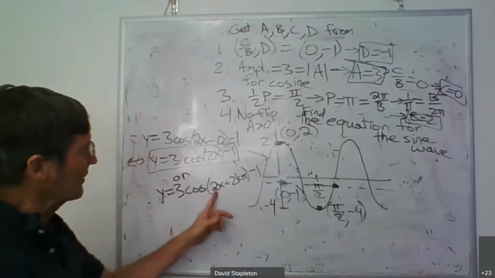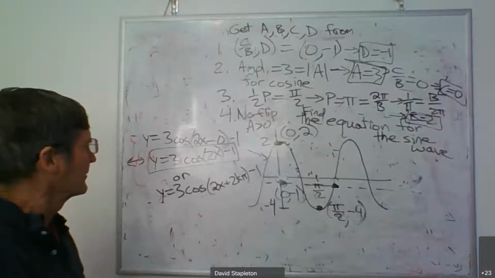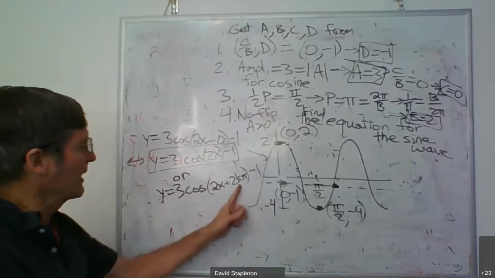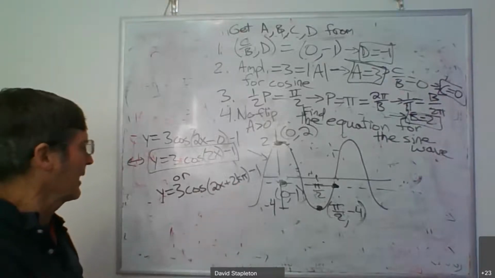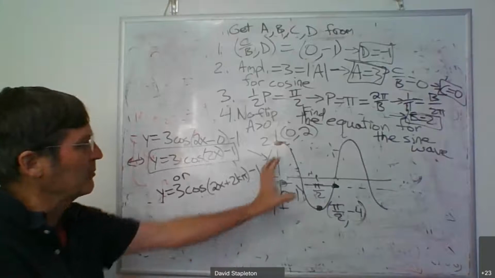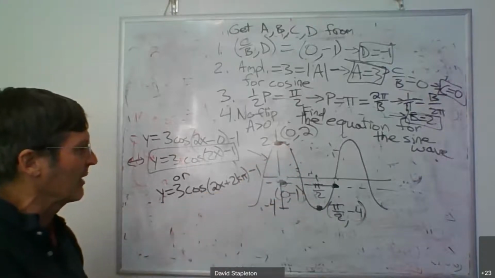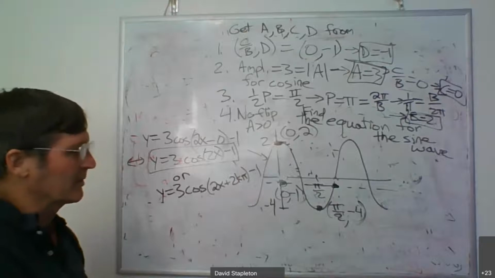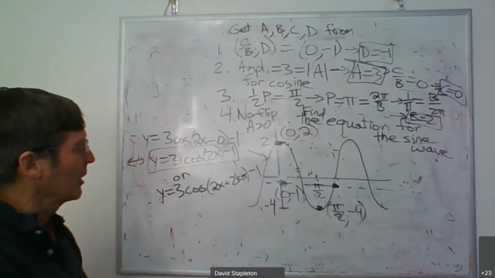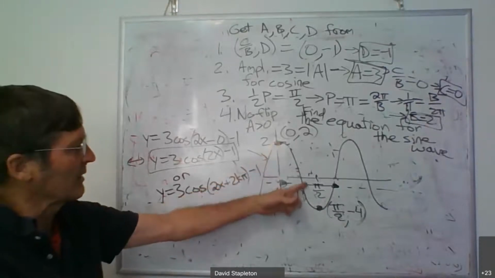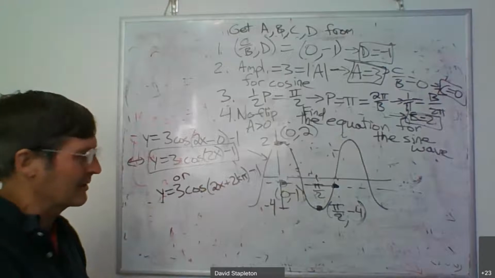This will have the same graph because cosine always repeats. Well, any answer of this form for any integer k works. There's an infinite number. And furthermore, remember we said you could shift the sine graph over. It's possible to use the sine graph to write this also. But I'll recommend if it starts at the top using cosine, if it starts at the middle using sine.